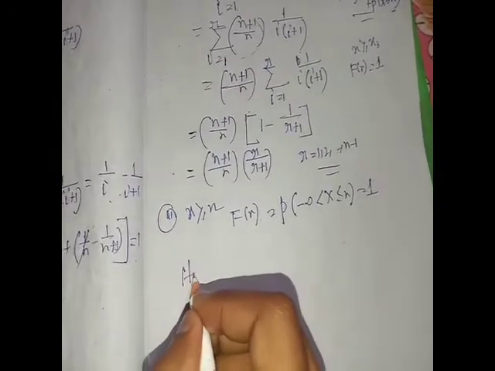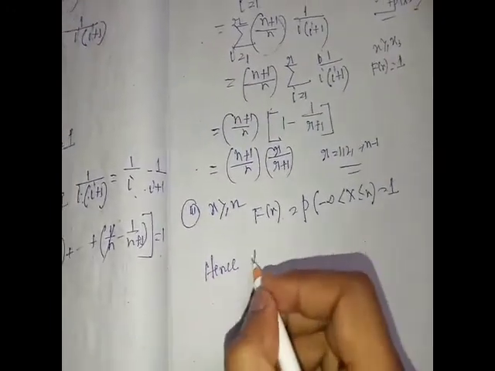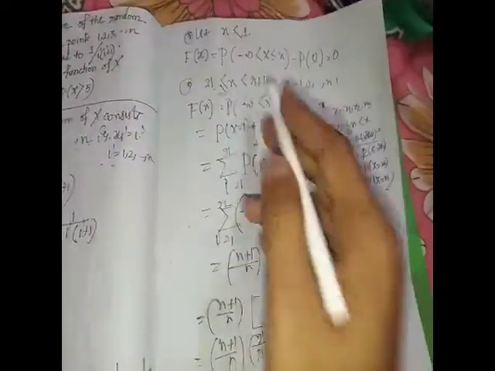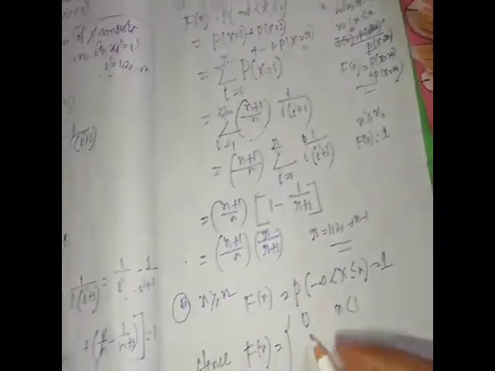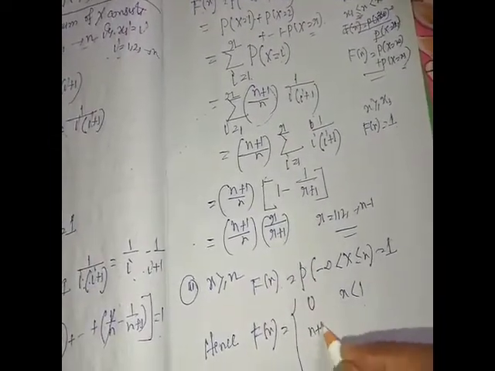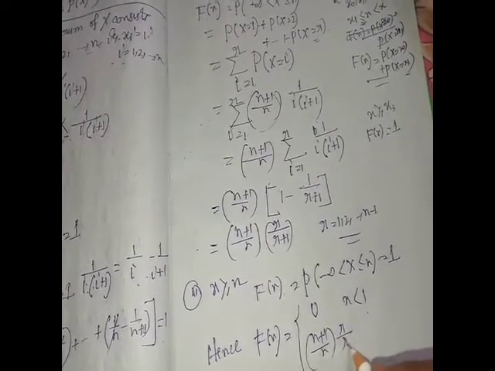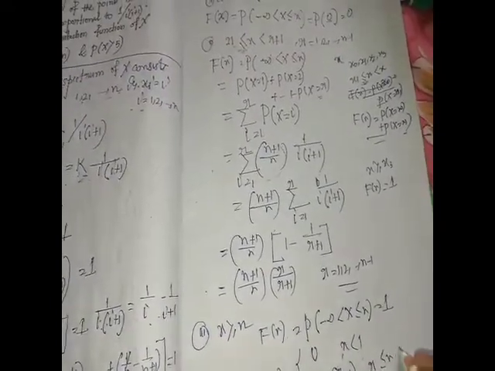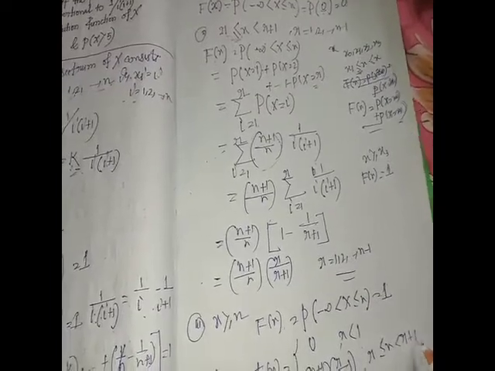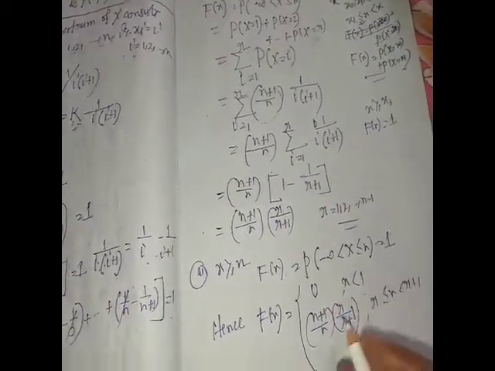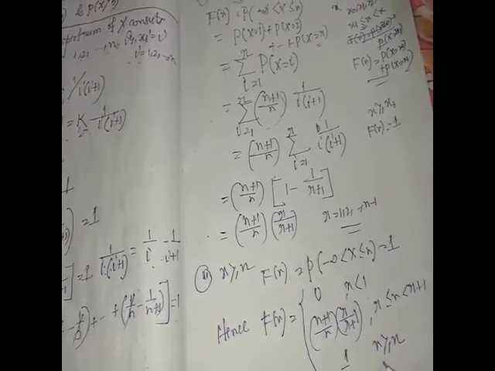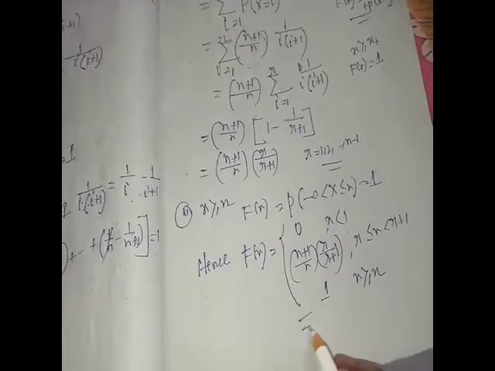Hence the total distribution function is 0 when x < 1, (n+1)/n times r/(r+1) when r ≤ x < r+1, and 1 when x ≥ n. This is the required distribution function.